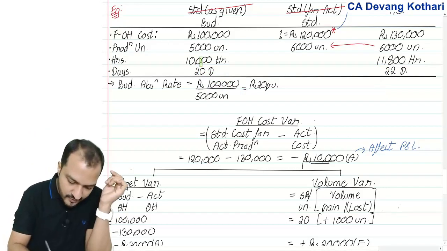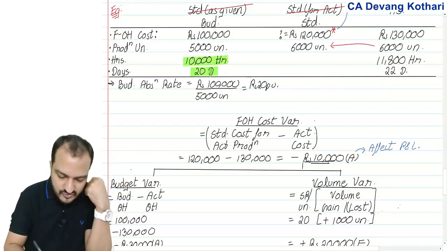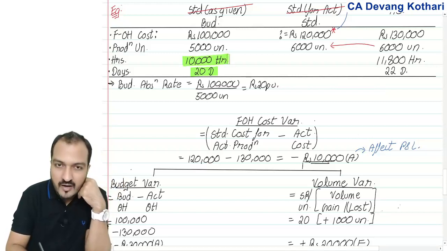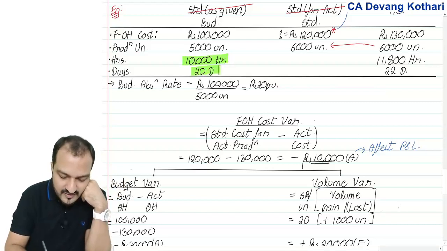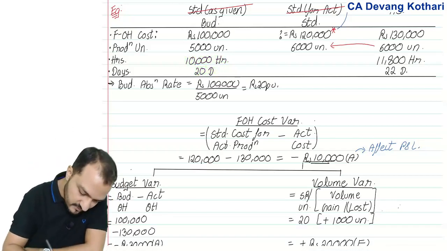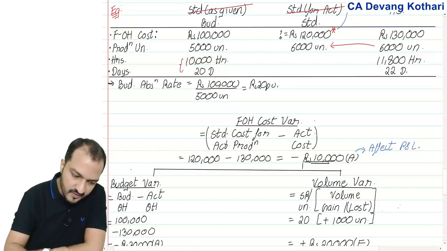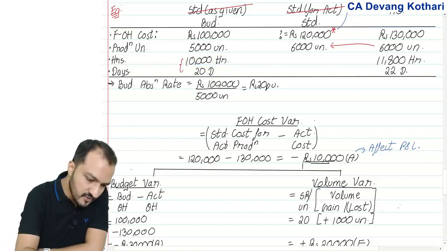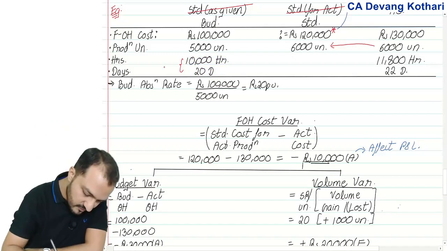According to the estimate, you were supposed to work 10,000 hours in 20 days. So how many hours per day does it indicate? It indicates 10,000 divided by 20, which is 500 hours per day.